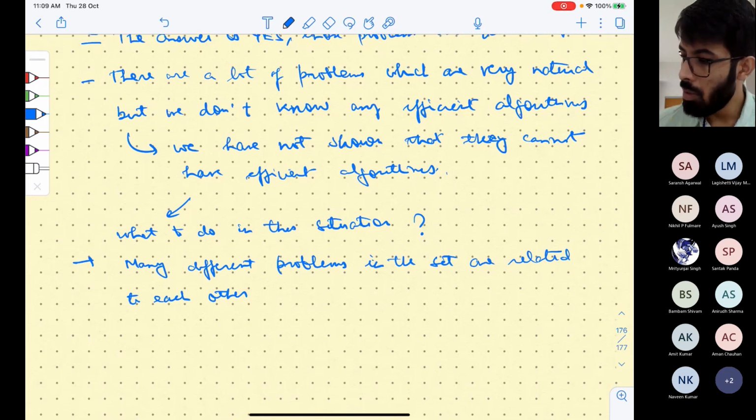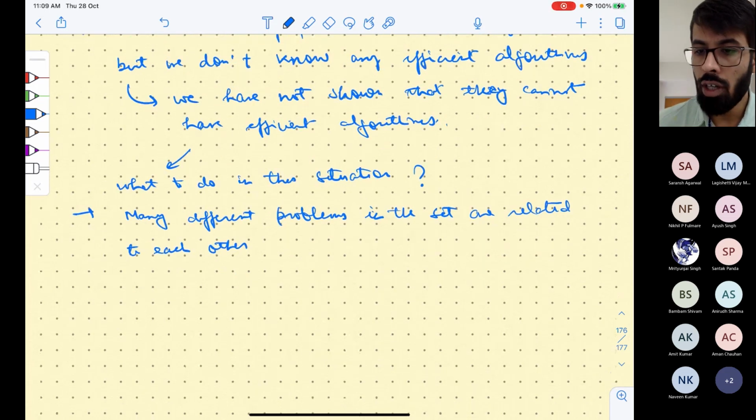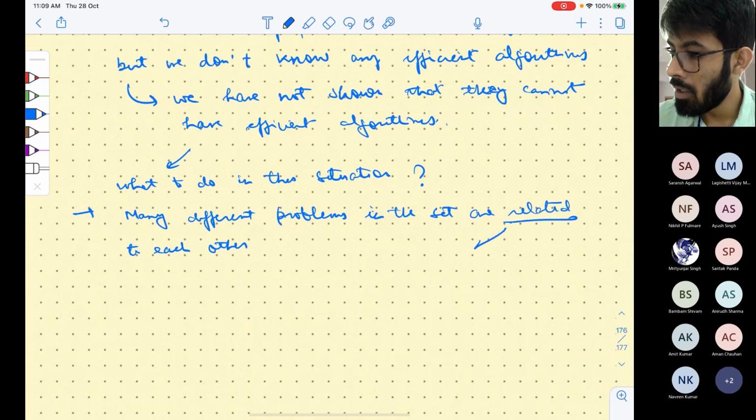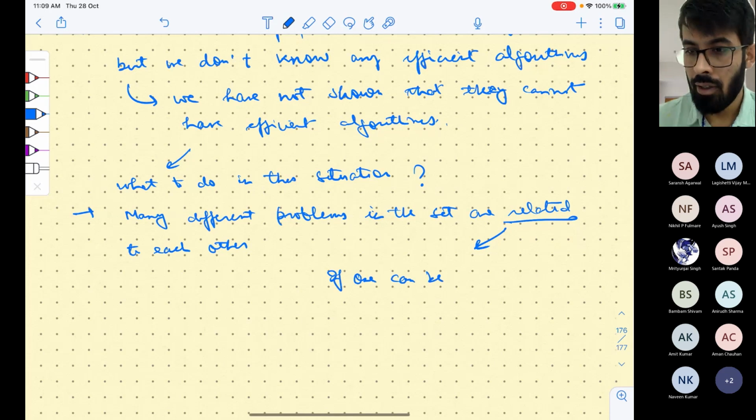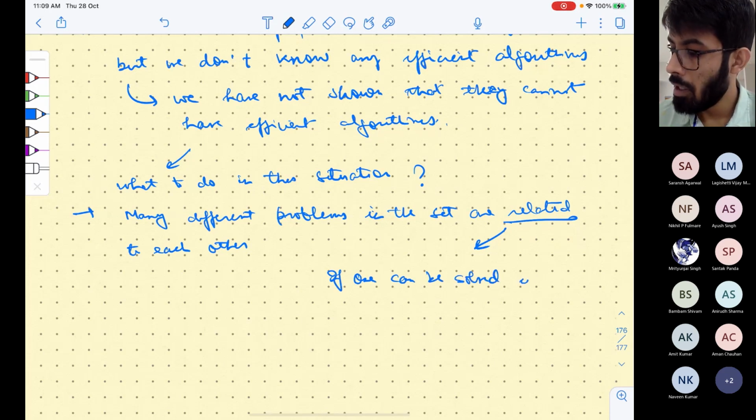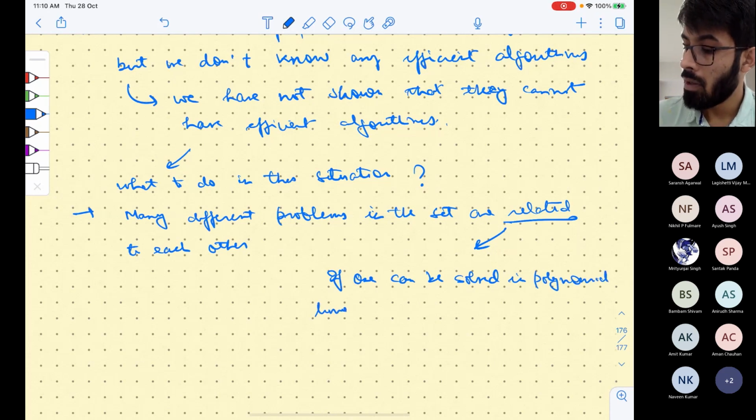So many different problems in the set are related to each other. And how are they related? What is this relation? That if one can be solved in polynomial time, or let's be more precise, efficiently, then all of them can be solved in polynomial time.